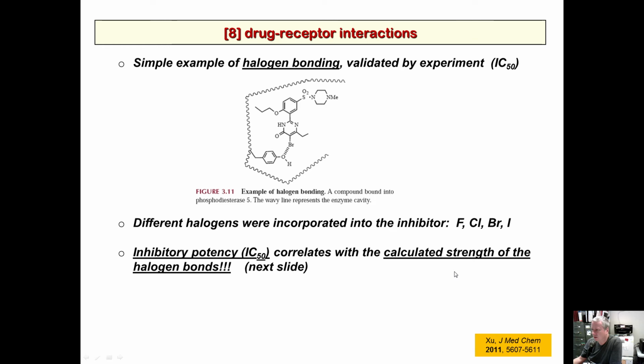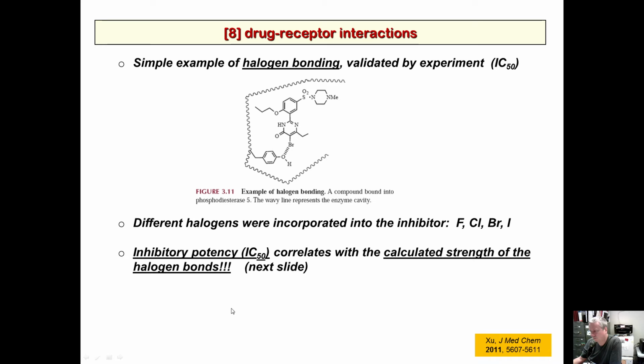IC50 correlates with the calculated strength of the halogen bonds. Based on the structure of the halogens and this predicted delta positive thing, they were able to predict a bond strength, and the IC50 follows that very nicely.